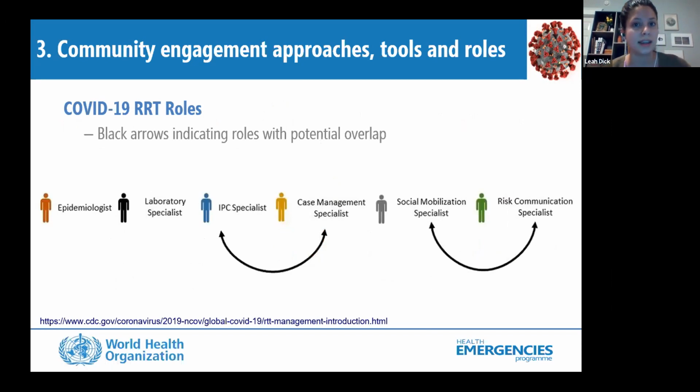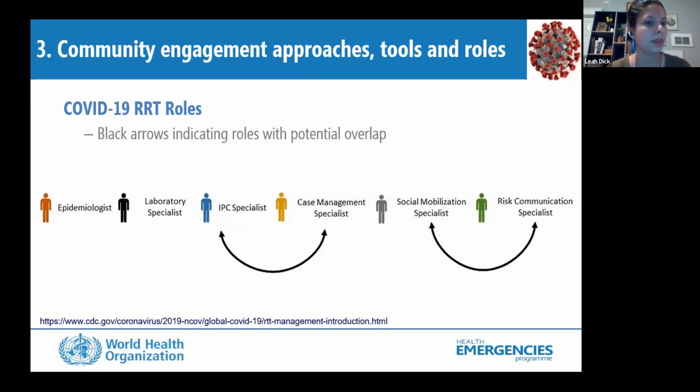Ideally in a response, we would have a fully staffed RRT, with everyone having their specializations. That's not always the case. Obviously in COVID-19, we've seen a lot of being stretched thin, and sometimes that requires people to take on multiple roles and responsibilities. One way to do that is that there is overlap between community engagement, social mobilization, and risk communication.